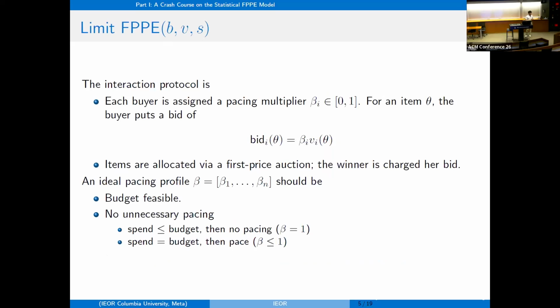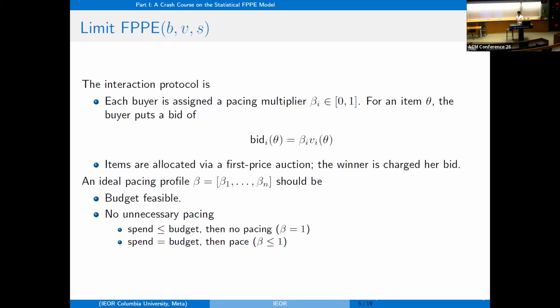Now given these primitives, an FPP operates in the following way. Each buyer is assigned a pacing multiplier beta_i. It's a number between 0 and 1. And for an item theta, the buyer will put a bid of beta_i times V_i(theta). The role of beta_i is to control the bidding process, because beta is a number that's less than 1, so it's effectively scaling down the bids.